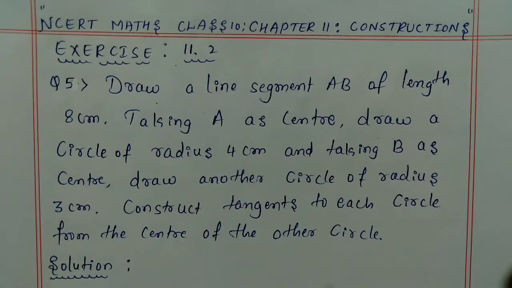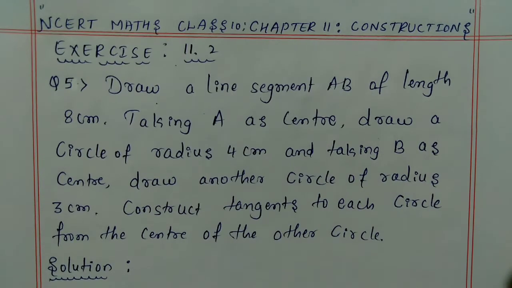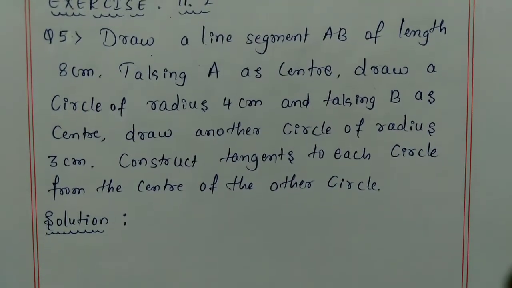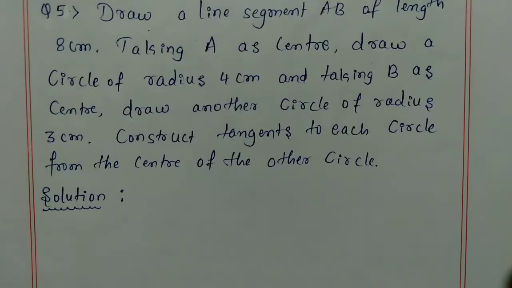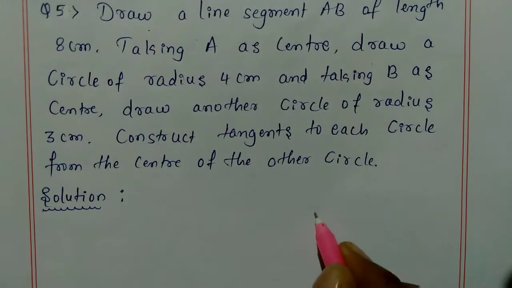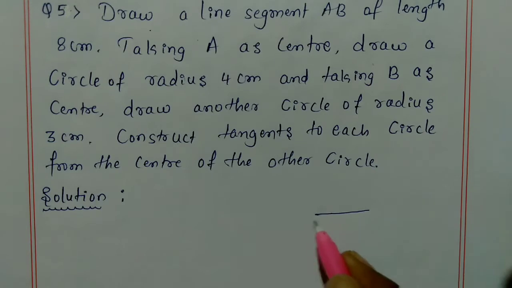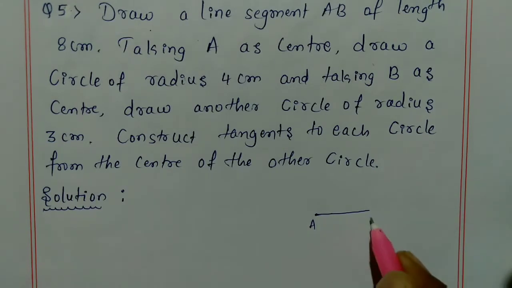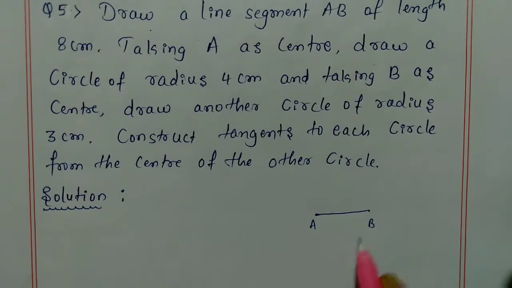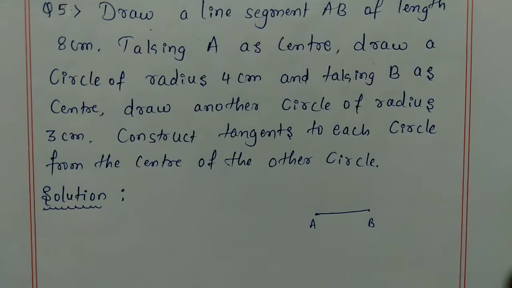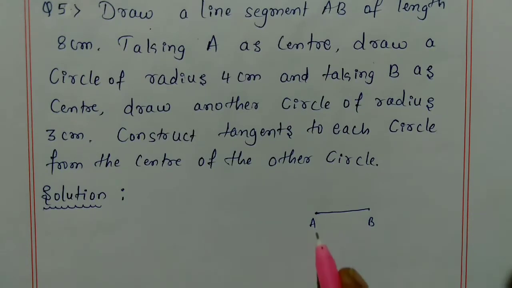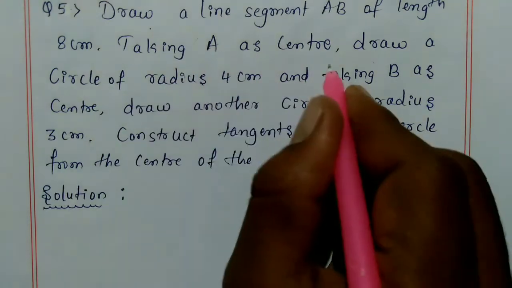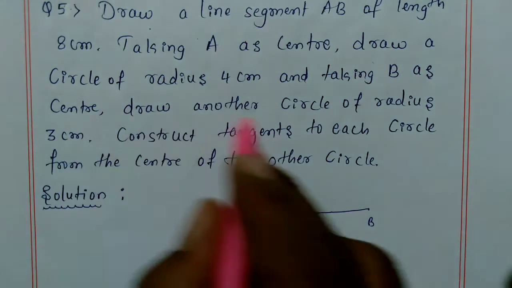So, first you can draw a line segment of 8 centimeter. I will draw here a line segment. You can call this one A and this one B. AB is the line segment. Next, taking A as center, draw a circle of radius 4 centimeter.